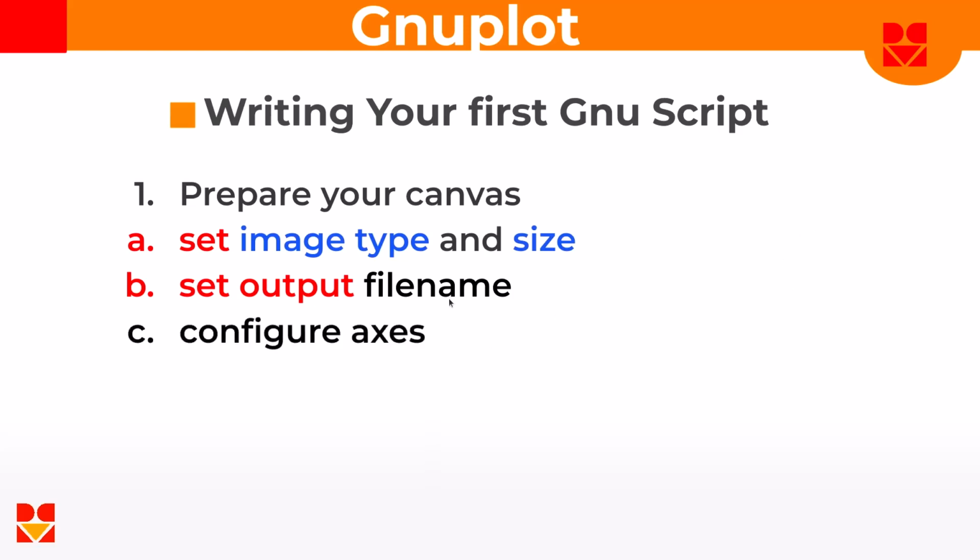Then after that, you configure your X and Y axis. Do you want to position the X at the center or not? Do you want to start from 0 and all those things? And then you set your key and title. We said that to set a title, you first have to set the key. You may not know how your Gnuplot is configured by default, so you should always do the set key before the set title. That is if the script you're writing is for a specific graph.